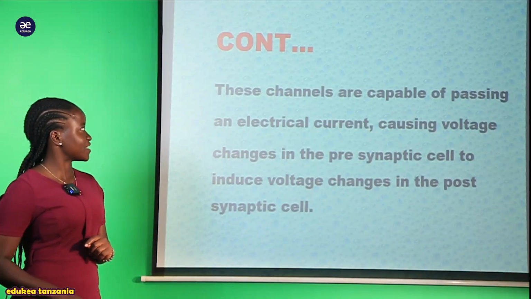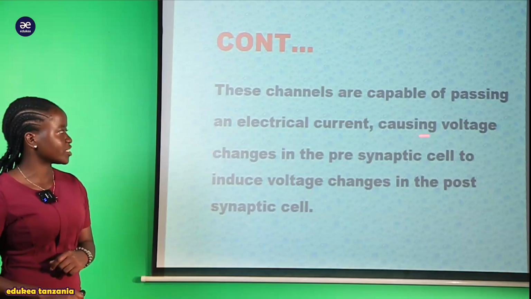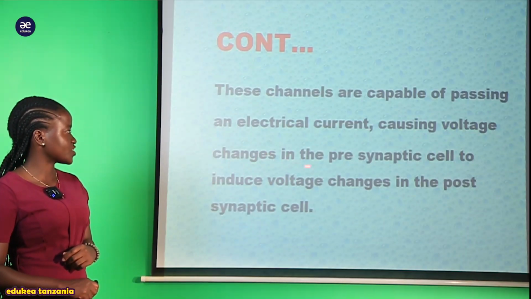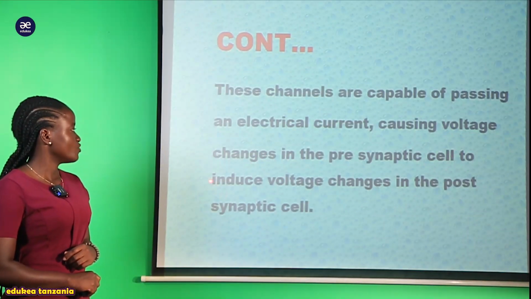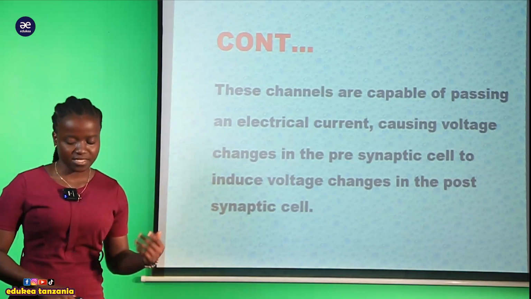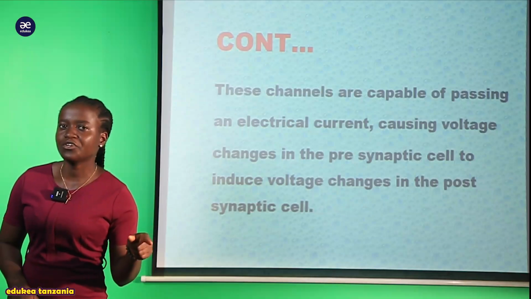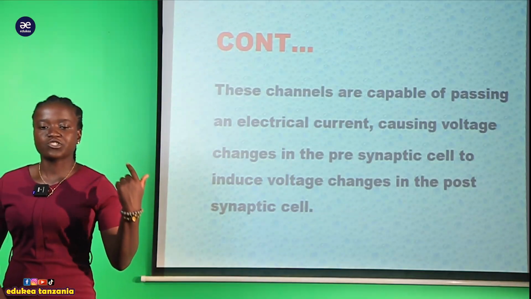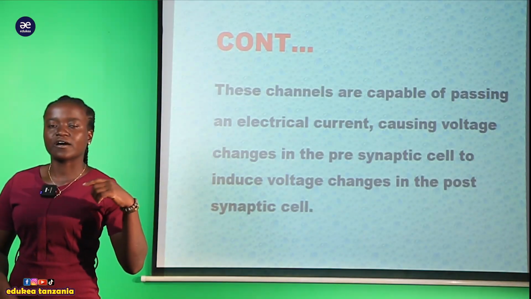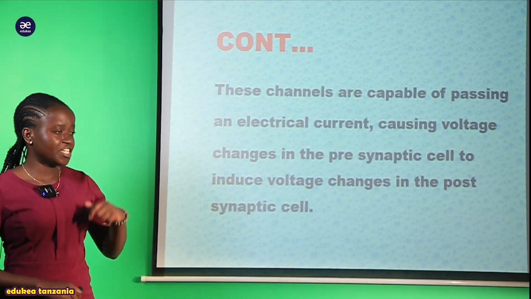So now we can say that these channels are capable of passing an electric current, causing voltage changes in the presynaptic cells to induce voltage changes in the postsynaptic cells. Kwa hiyo sasa, during transmission of the nerve impulse between one neuron and another neuron, there is a change of the voltage gate.